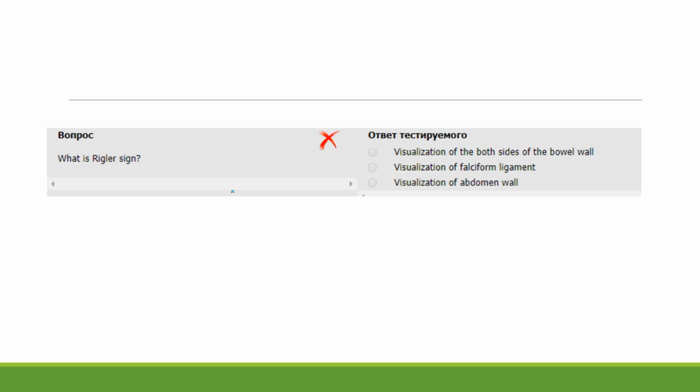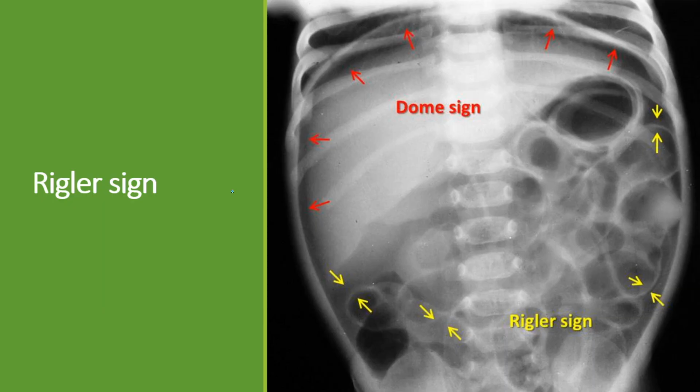Next one, what is Rigler's sign? It is a sign you can call the double wall sign. It is a sign of pneumoperitoneum. We can see it on abdominal radiograph when gas is outlining both sides of the bowel wall.